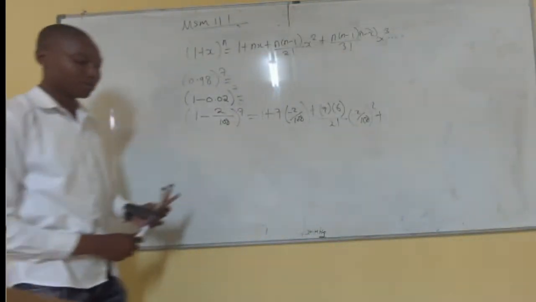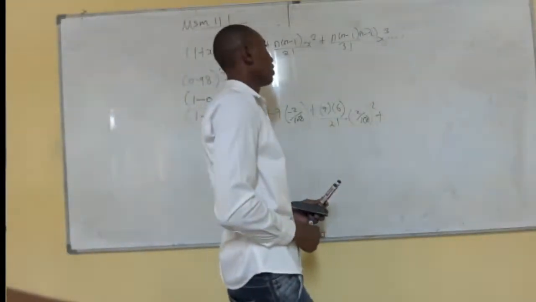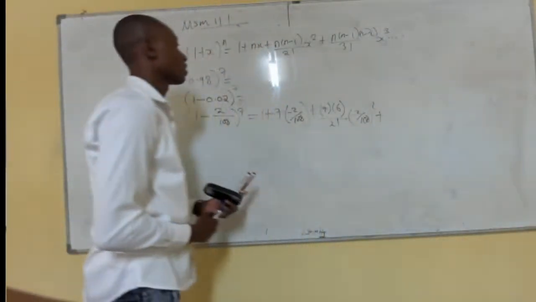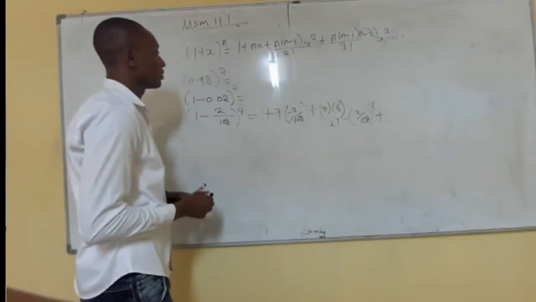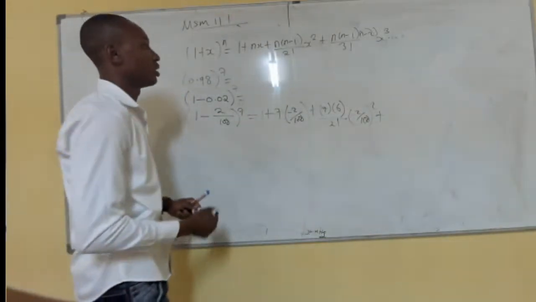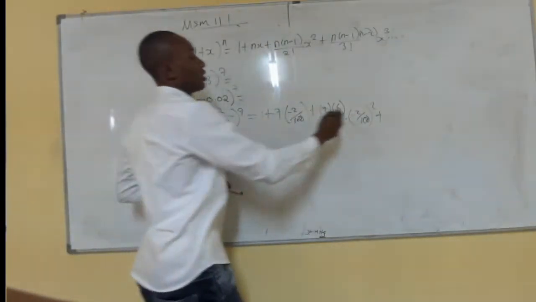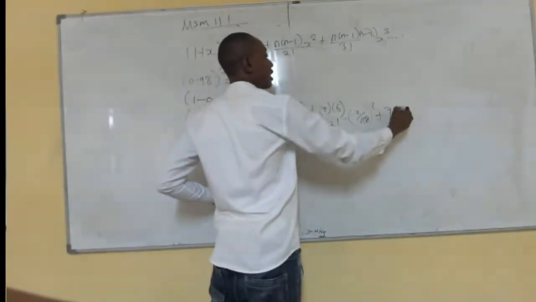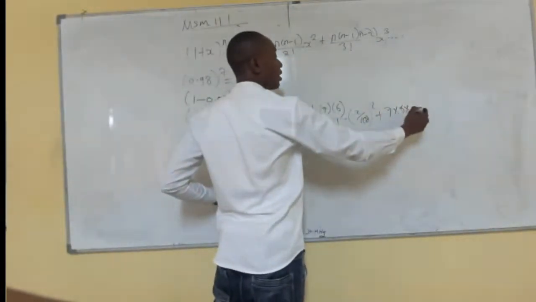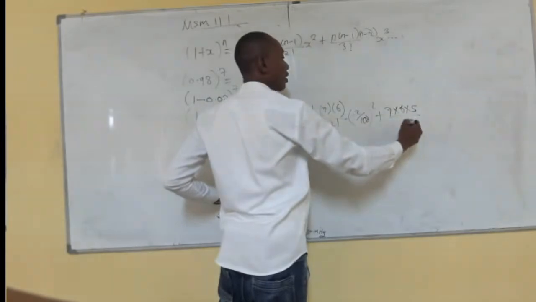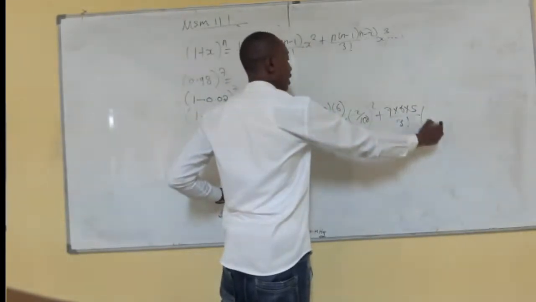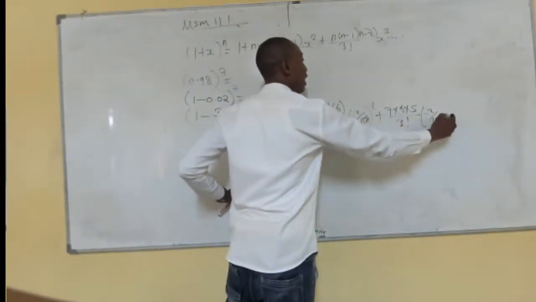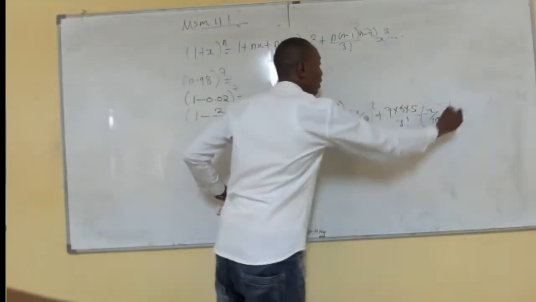Alright. So which is the next number? The next number that we have here is 7 times 6 times 5 over 3 factorial, then negative 2 over 100 to the power 3.